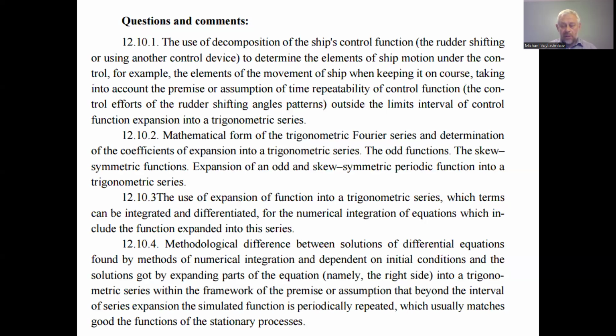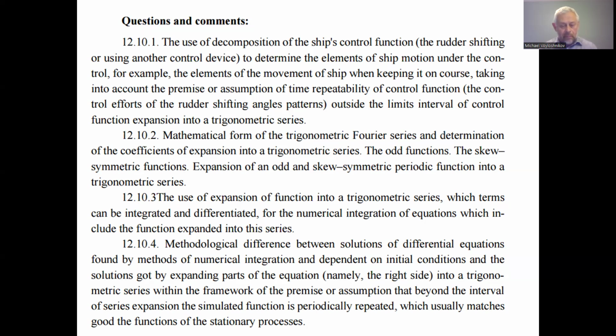We need to expand these functions into a series, or just approximate them by some analytical function, or expand this impulse function into a series of terms which are analytical functions suitable for differentiation and integration.